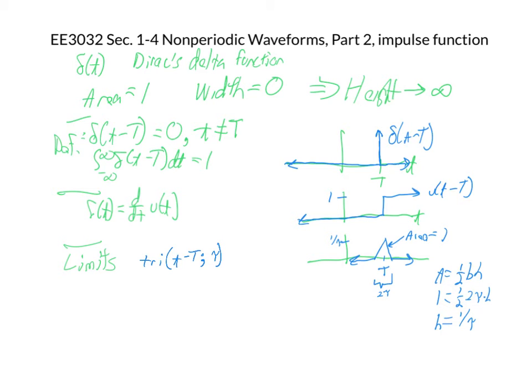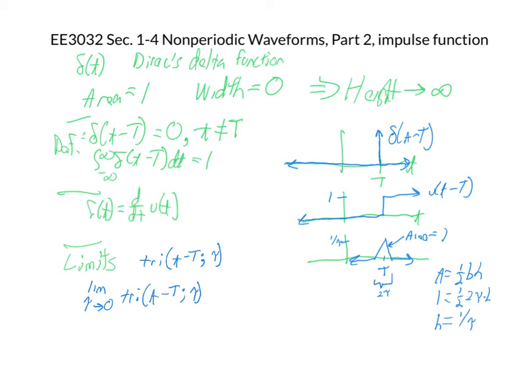Now, if we take the limit as tau approaches 0 of this triangle function at t minus capital T with this parameter tau, we make it narrower and narrower, and the height goes higher and higher.